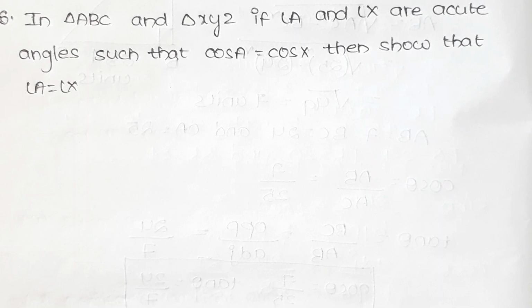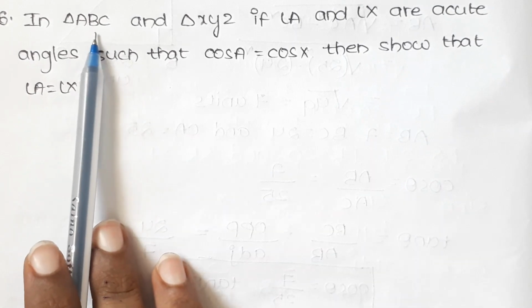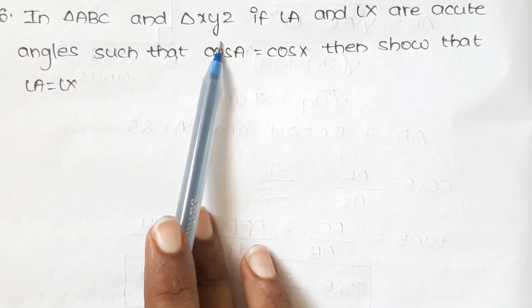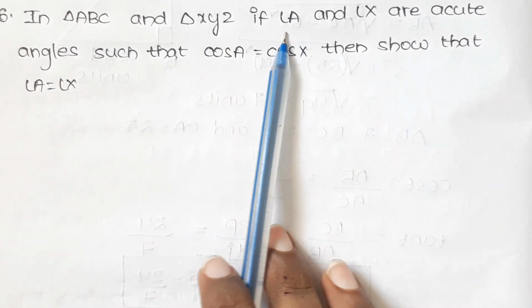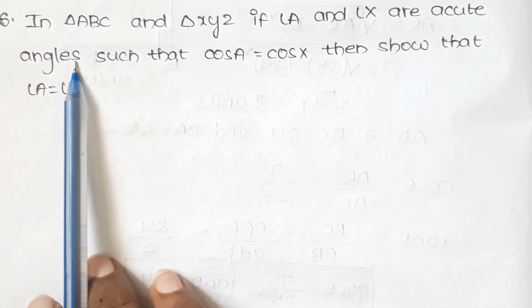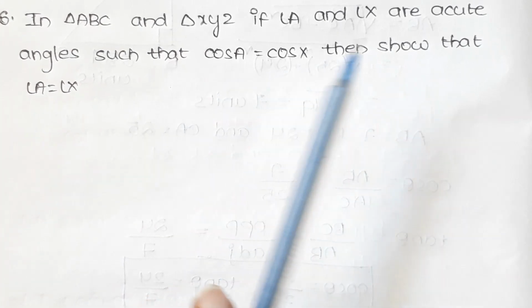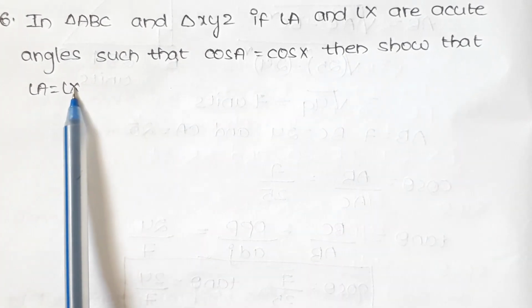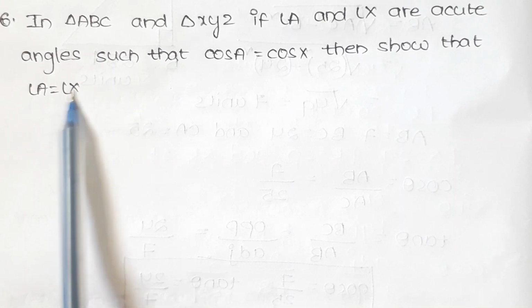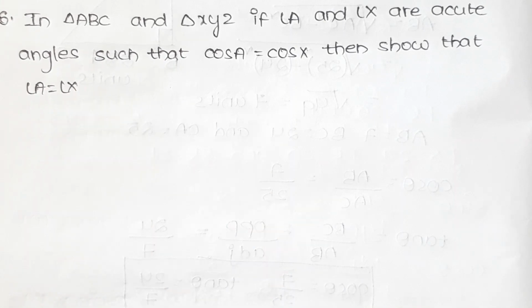Here is the sixth one, that is, in triangle ABC and triangle XYZ, if angle A and angle X are acute angles such that cos A equals cos X, then show that angle A equals angle X. And the same problem we have seen in the example problems in the previous video. And now let us see it again.